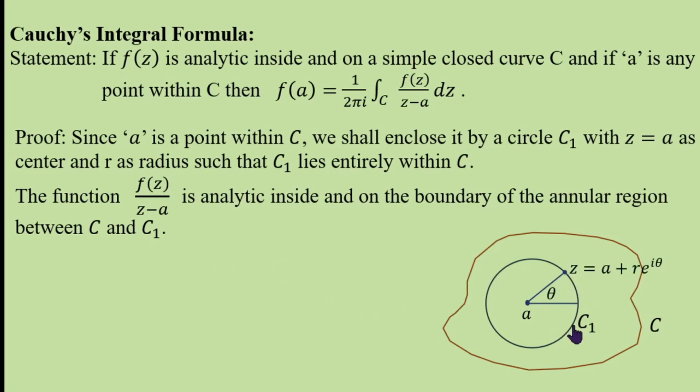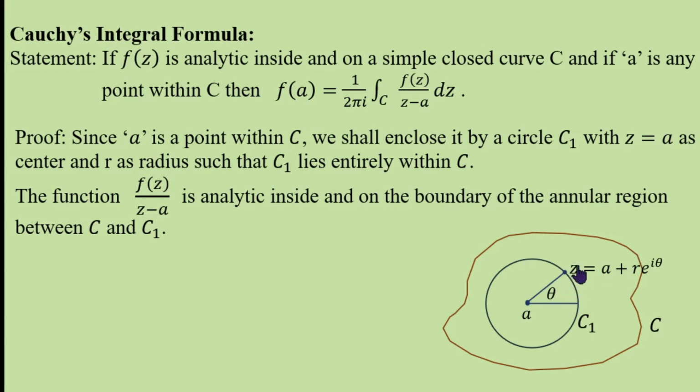here the parametric equation of this circle C1 is, take any point z on the circle, and from a to z the distance is r. r means a fixed constant, it is not variable, so it is a parametric equation.